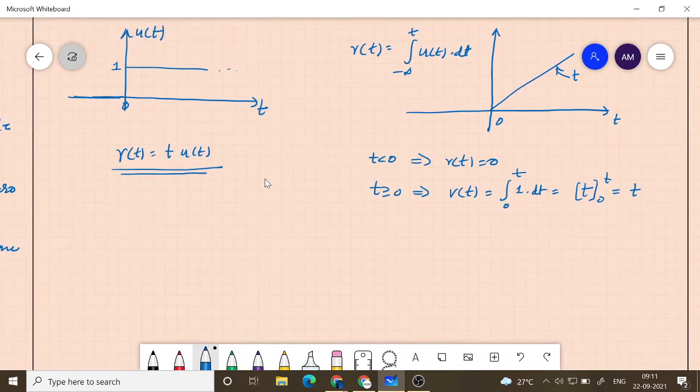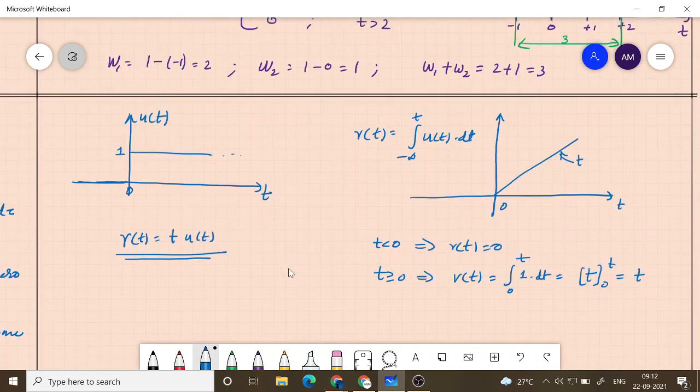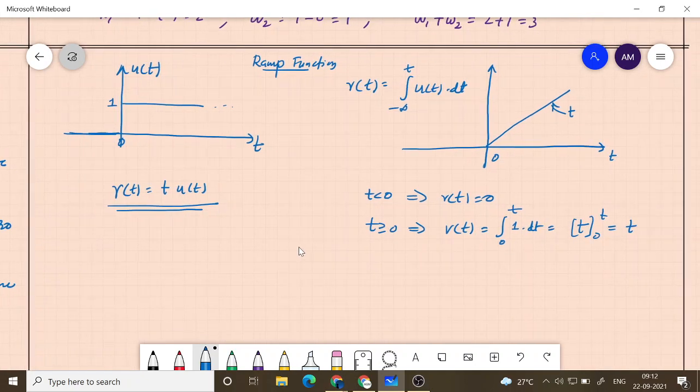Now what about the parabolic function? Let me say this is the ramp function. Now I am going to plot the parabolic function.